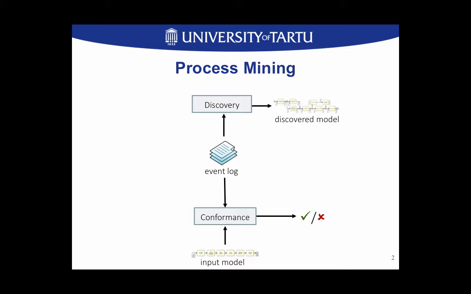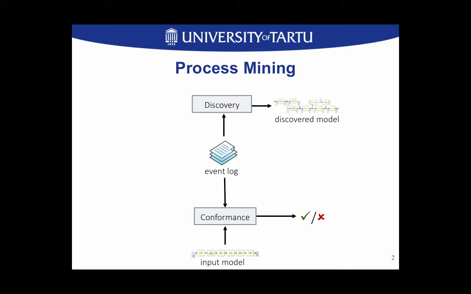We can detect if the process is actually deviating with respect to what the business analysts believe it should be doing. So that will tell you whether the process conforms to the log or whether the process model does not conform, and in that case it will actually give you some diagnostics about how the reality deviates with respect to the model, or how the model deviates with respect to reality.